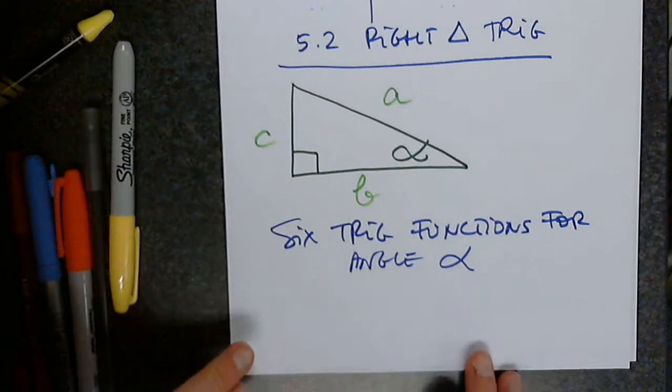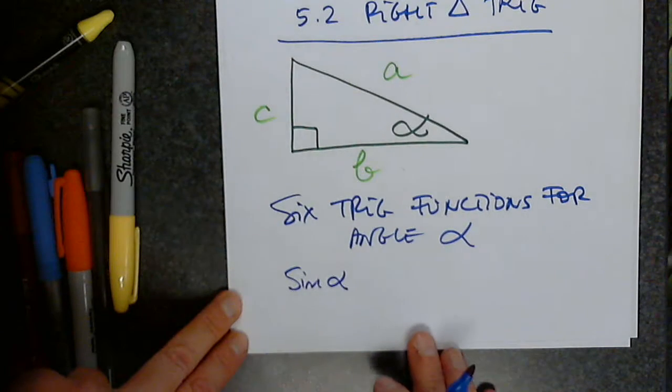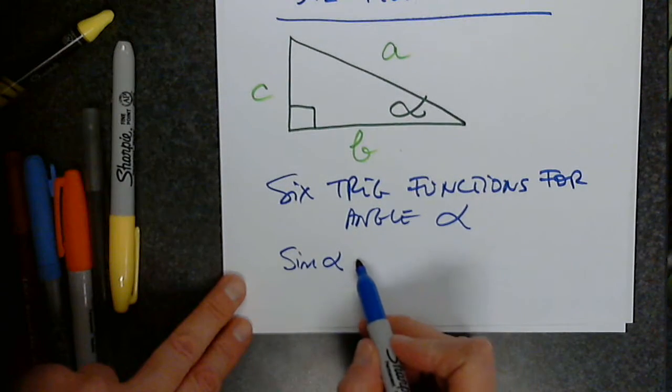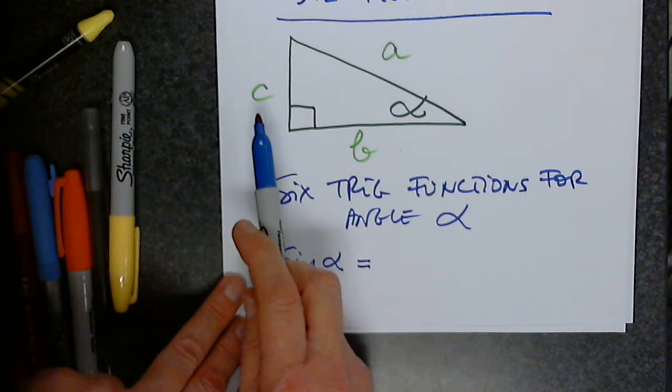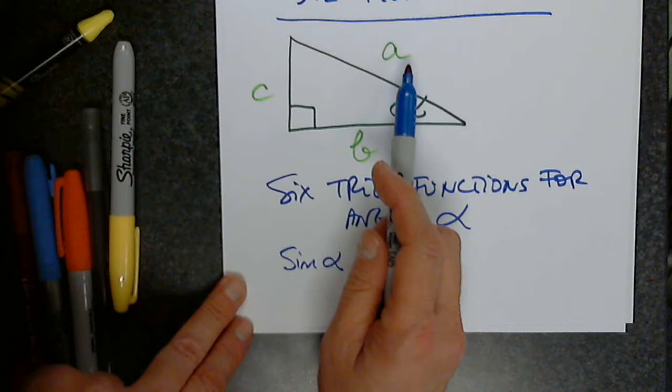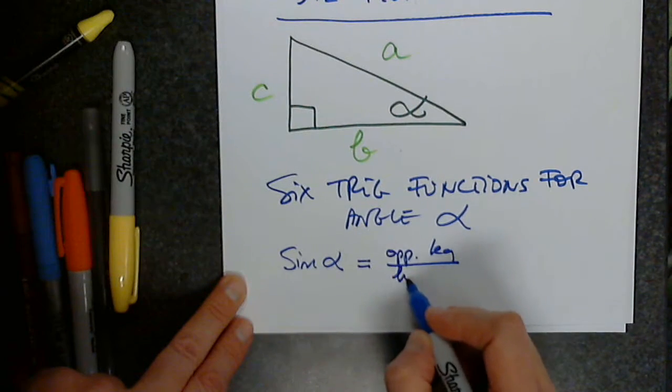Here they are. Sine alpha, by definition, is the opposite leg over the hypotenuse.